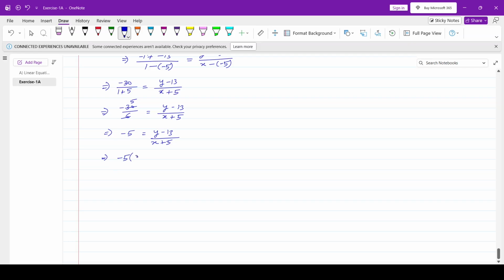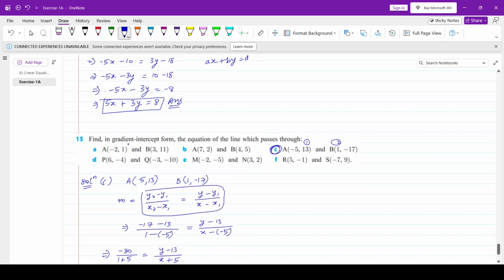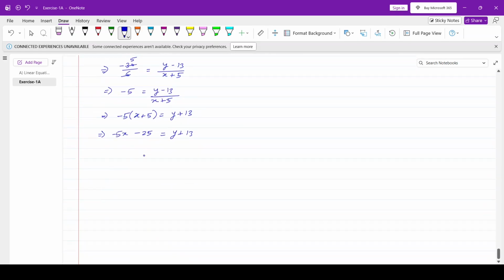Now we can cross multiply. We get minus 5x minus 25 is equal to y minus 13. And we have to write the solution in gradient intercept form. Gradient intercept form looks like y is equal to mx plus c.